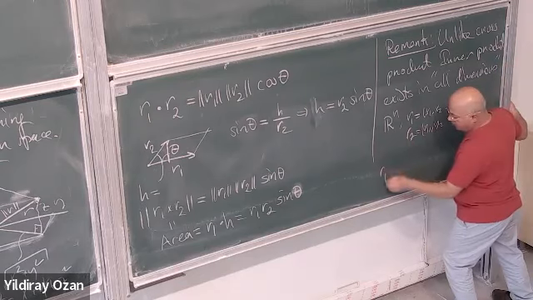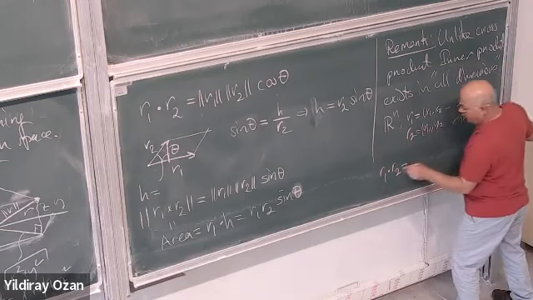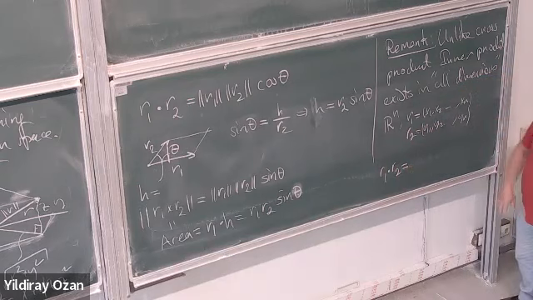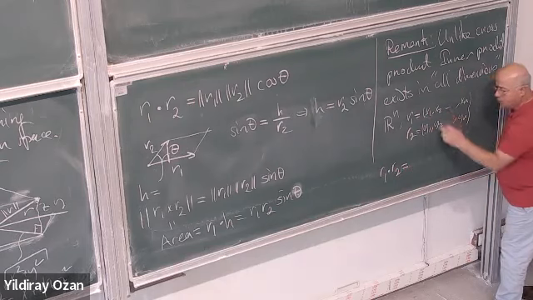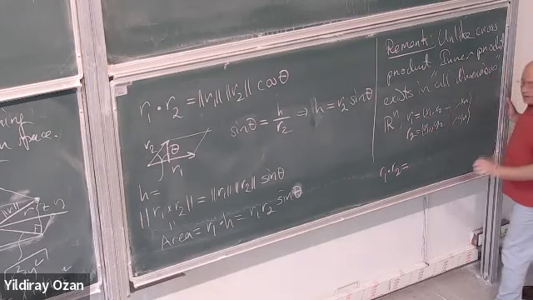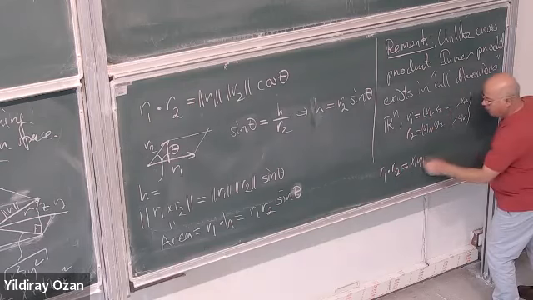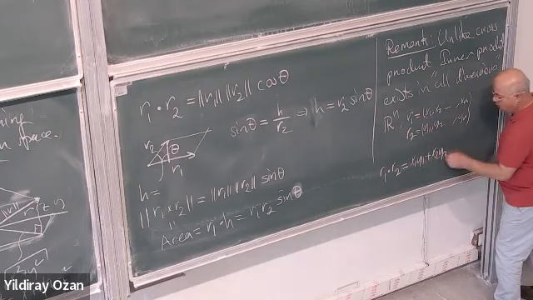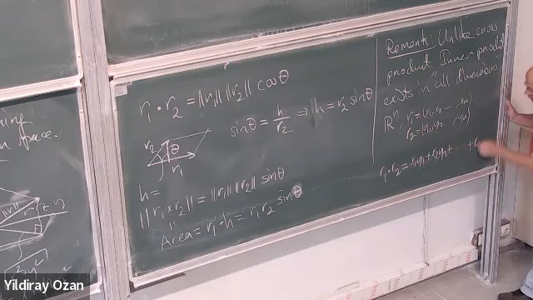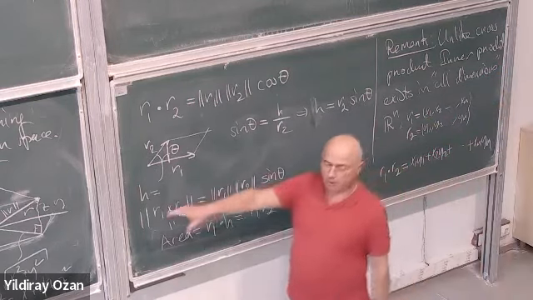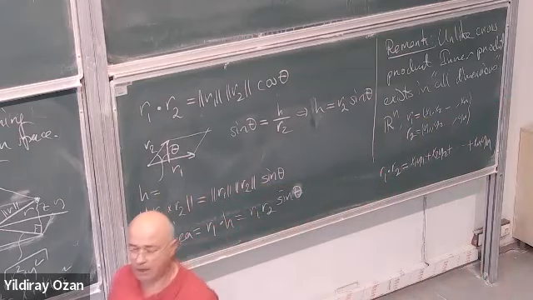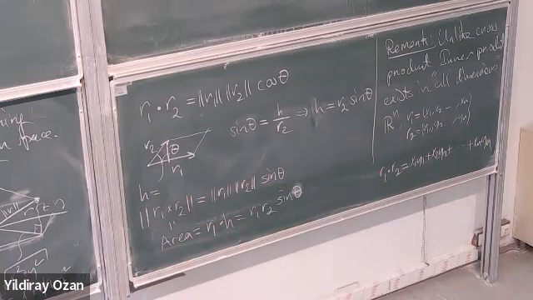We define the inner product just as in this case: we multiply corresponding coordinates and add them up, x1 y1 plus x2 y2, and so on. So inner product exists in all dimensions, but cross product doesn't. It is something special to R3.